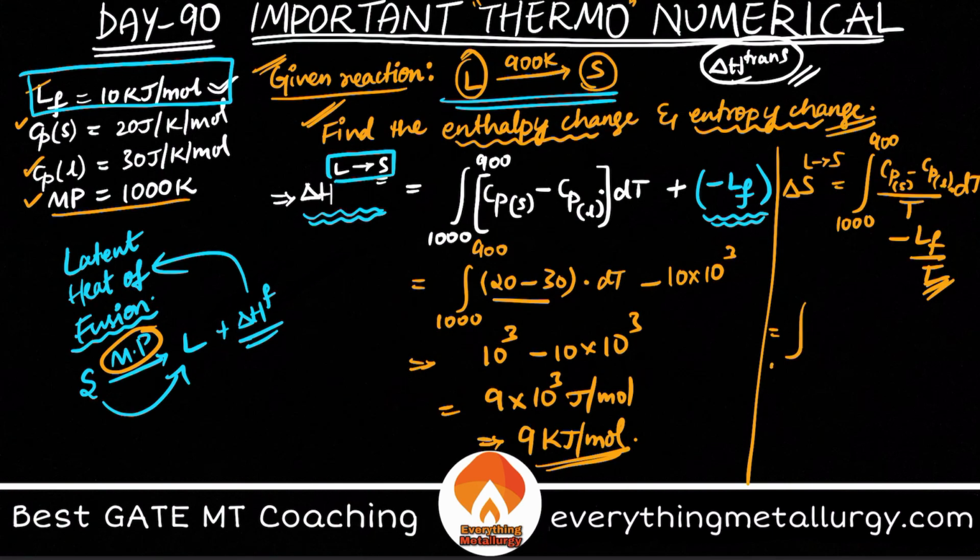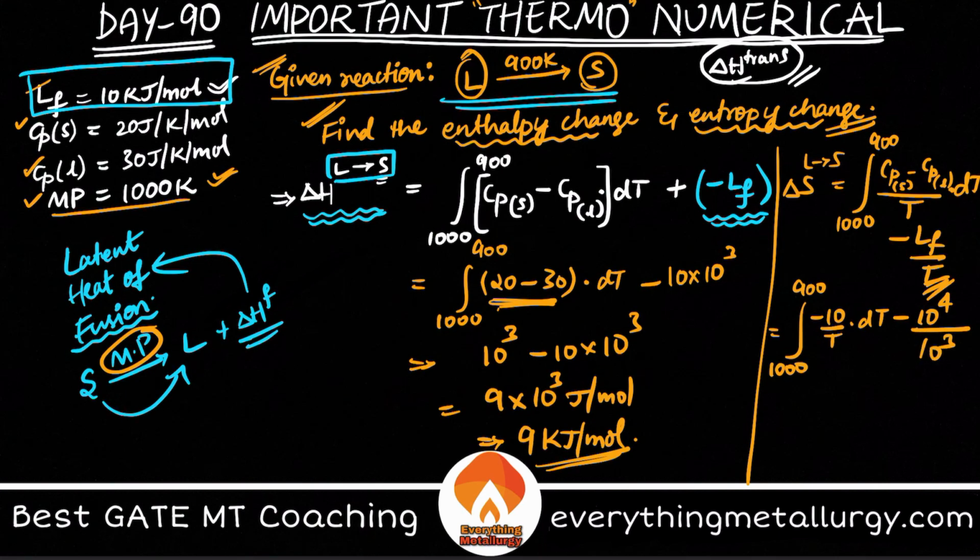Therefore this is the integral from 1000 to 900. Cp solid minus liquid is minus 10, so I can write this as minus 10 by T dT, minus 10 into 10 cube, 10 power 4, by the melting point that they gave, 1000 Kelvin.